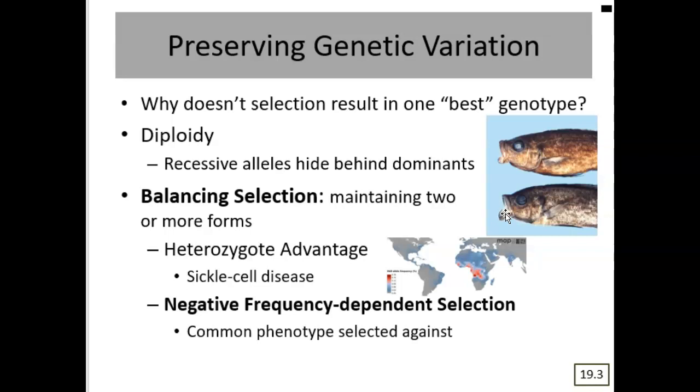It has a mouth that curves a little to the left, which makes it easier for that fish to bite scales off the right side of the fish that it's trying to prey on. The top picture then is a right-mouthed scale-eating fish. So it has an easier time biting scales off the left side of the fish that it's trying to prey upon.